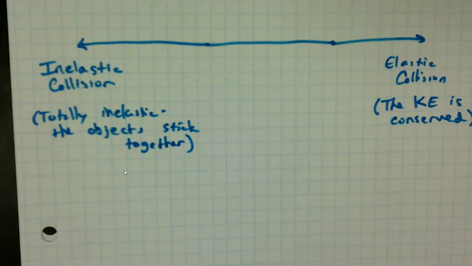We just didn't call it that, right? So a totally inelastic collision is where they stick together. That's the most energy that can be lost.